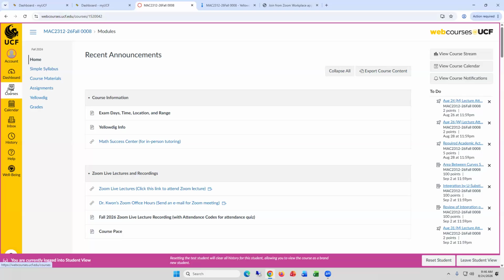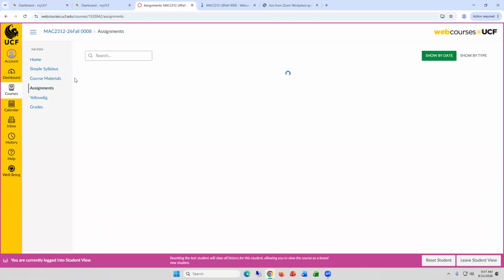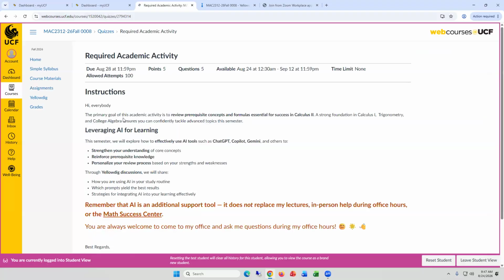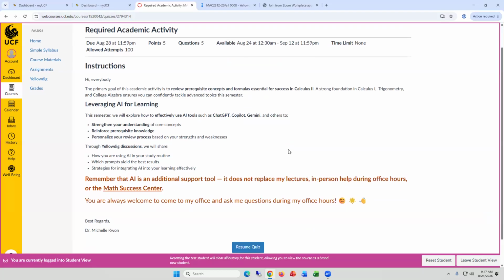And so the Yellowdig discussion activity will be about sharing your experience with AI. The required academic activity also gives you the introduction about how to use AI. So AI will be used to strengthen your understanding and also reinforce prerequisite knowledge and also personalized review.